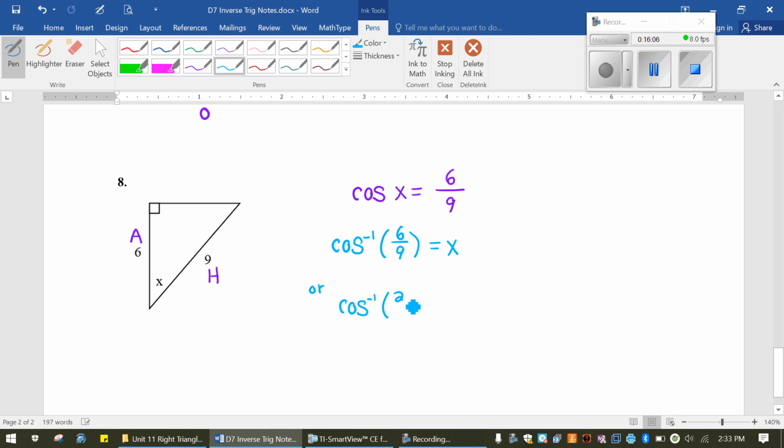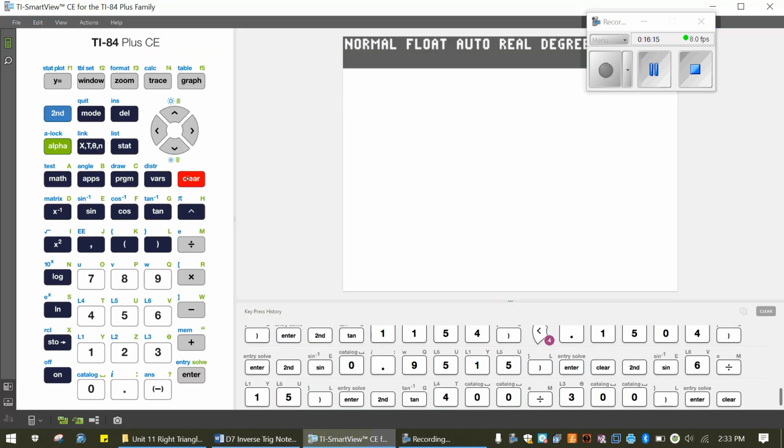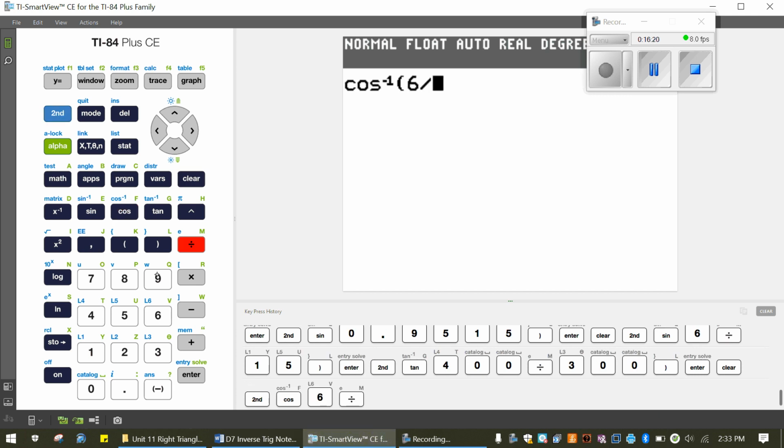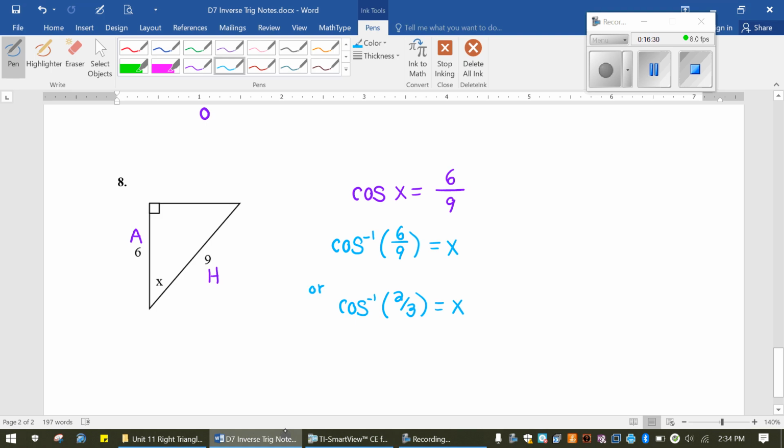You would get 2/3. That's what you're taking the inverse cosine of. But again, your answer is the same either way. So you do whatever is more comfortable for you. So inverse cosine of 6 divided by 9 would be 48.19. This is a 9, which makes that 1 go up to a 2. So 48.2 degrees.